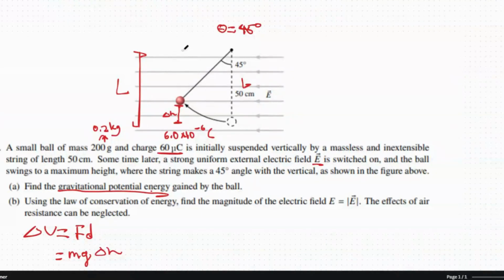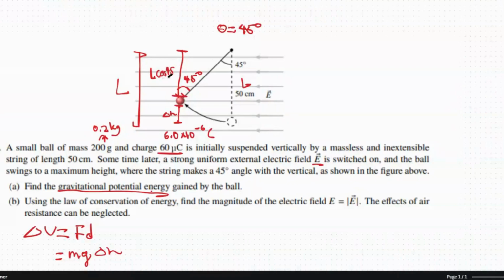If this is L, and this is 45 degrees, then this would also be 45 degrees because these two are parallel. And so therefore this side length would be considered L times cosine of 45.